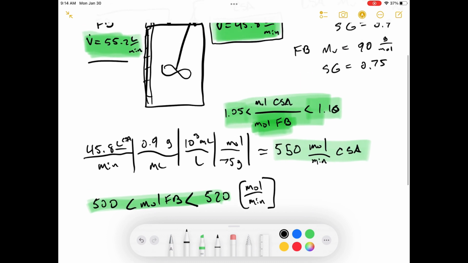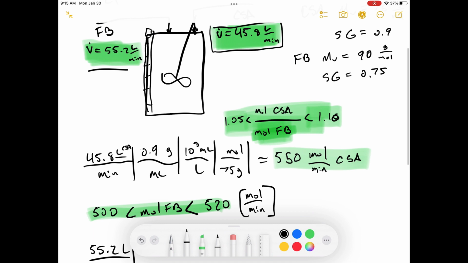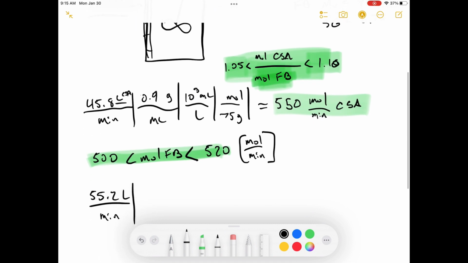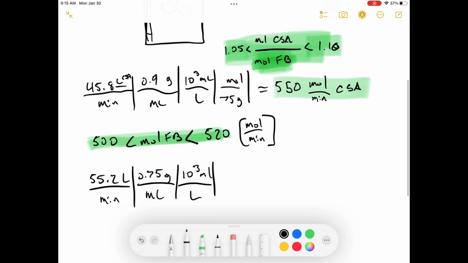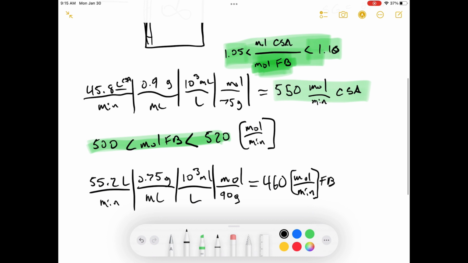So she set it at 55.2 liters per minute. FB has specific gravity of 75 and molar mass of 90. Okay, so this is the flow rate that she set it at.